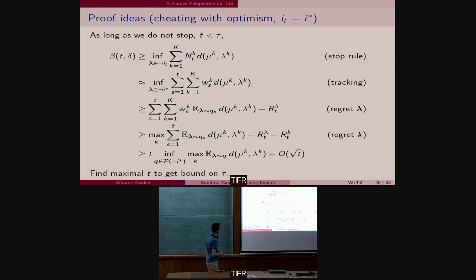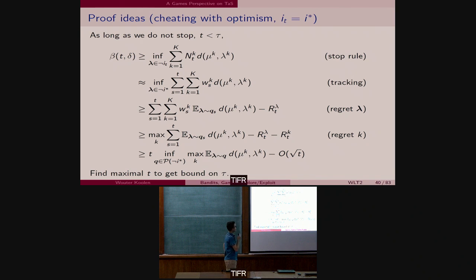Okay, so let me give you a little hint of that compositionality thing that I was claiming. How do you do that? You want to show the sample complexity is small. And the way you do it is you start from the stopping rule. So you say, if I haven't stopped yet, that means that my GLRT statistic is still below my threshold. Right?